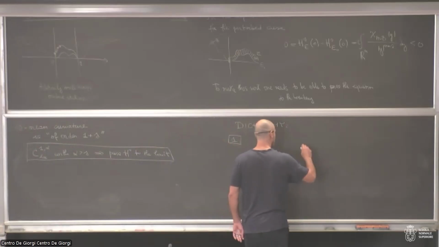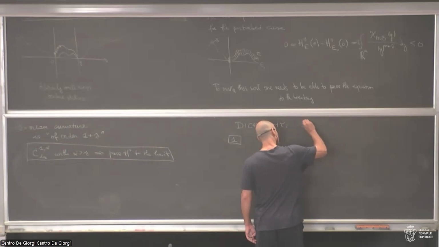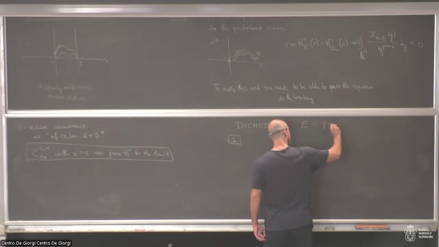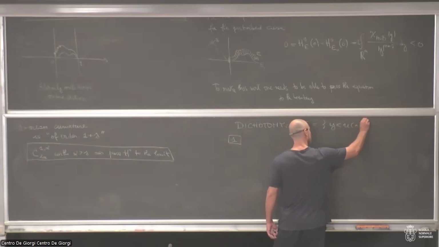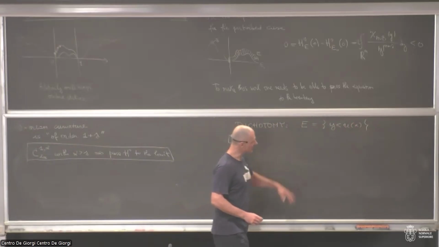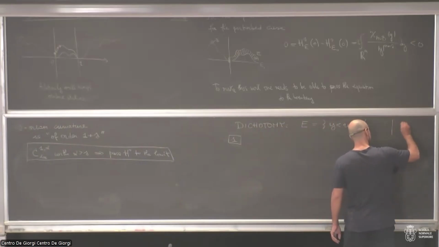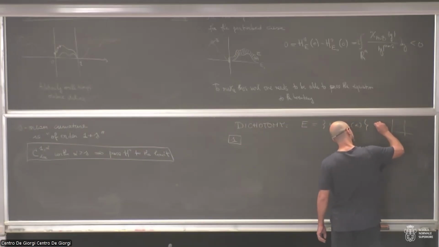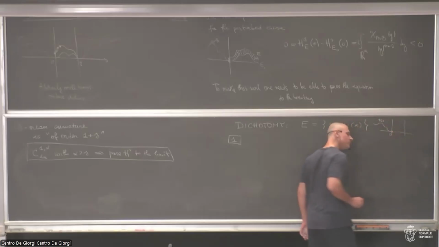So suppose that you have E, which is an S minimal surface, and suppose that it's a graph, y less than u of x. And suppose that, again, the external datum is nice. So you have an external datum here, u0, which is nice, or at least it's nice near the origin.